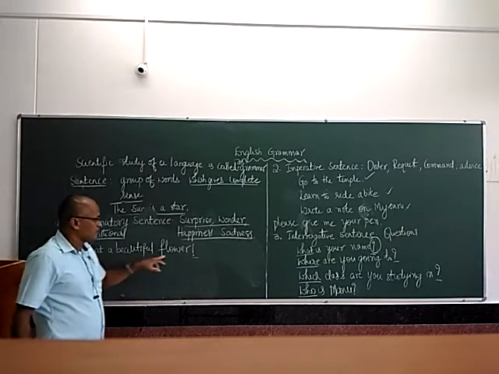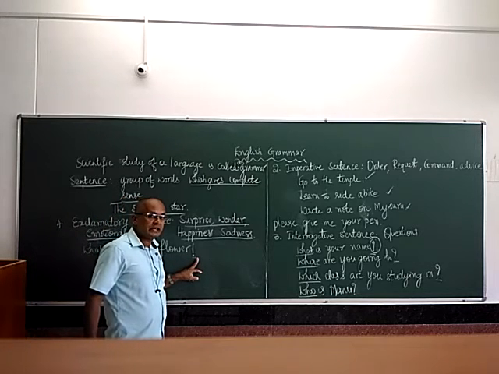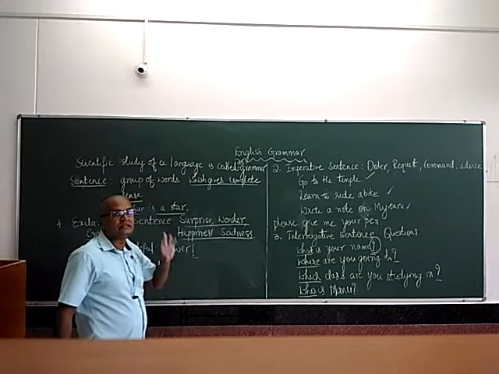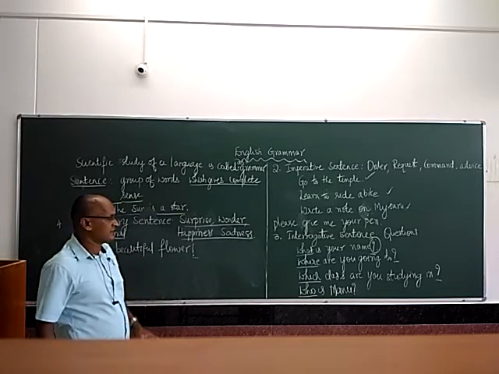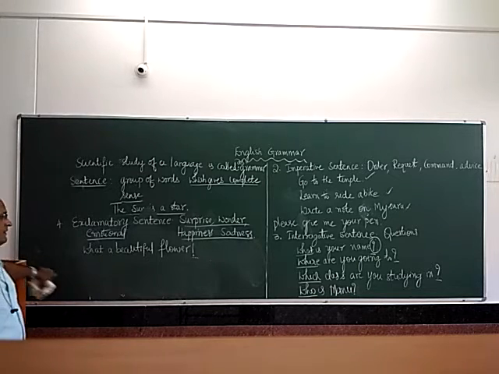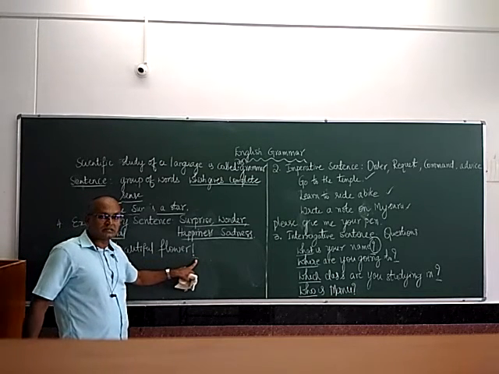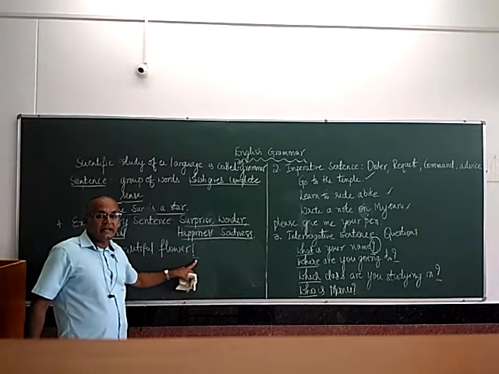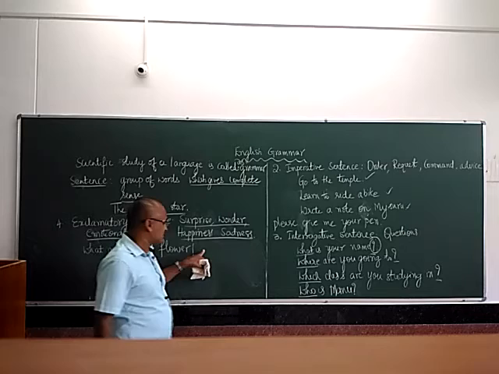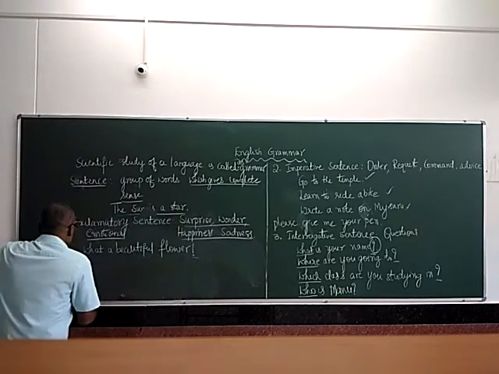But in writing, if you don't mention the exclamatory mark, it will not convey that it is an exclamatory sentence. Whether there is some emotion cannot be understood by the reader. Only when you have the exclamatory mark can the reader understand that it is an exclamatory sentence.